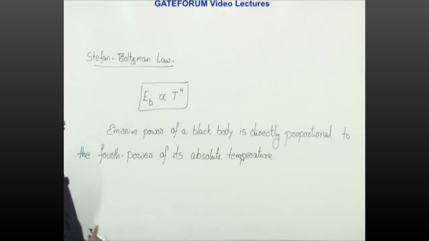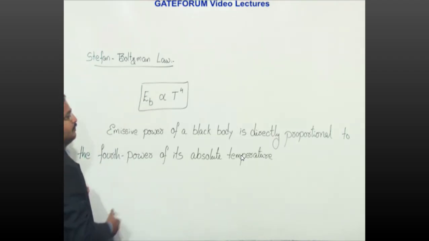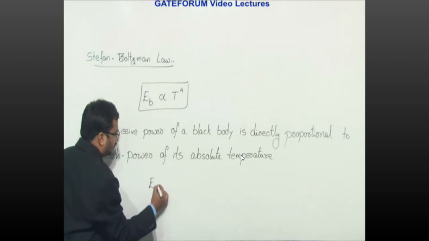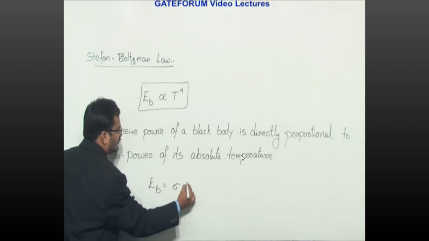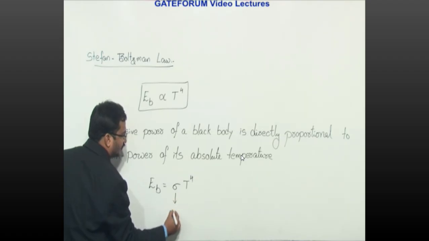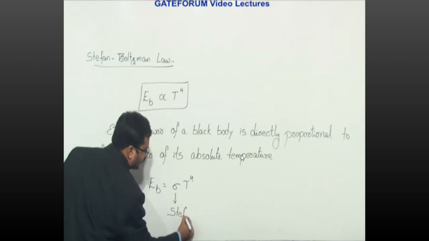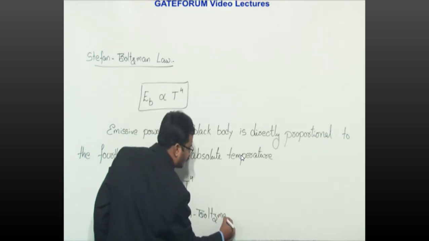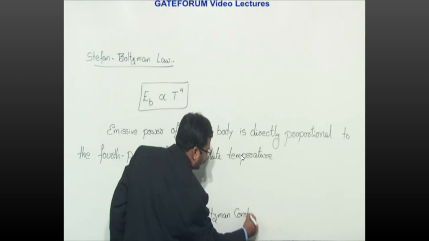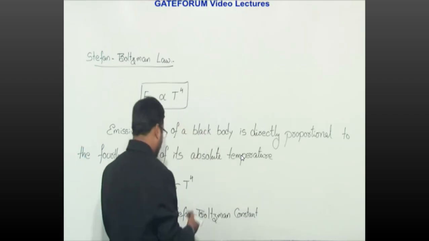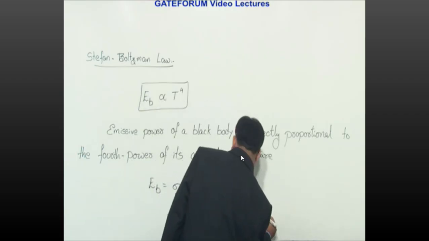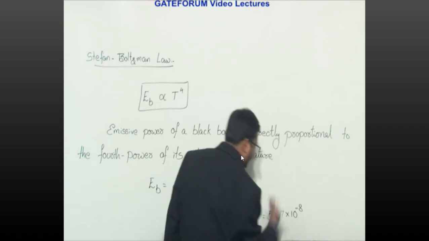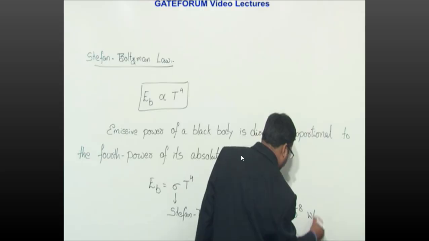Now, in order to remove this proportionality, we need a constant which is called the Stefan-Boltzmann constant, sigma. The value of this Stefan-Boltzmann constant is 5.67 into 10 raised to the power minus 8 watt per meter square Kelvin power 4.